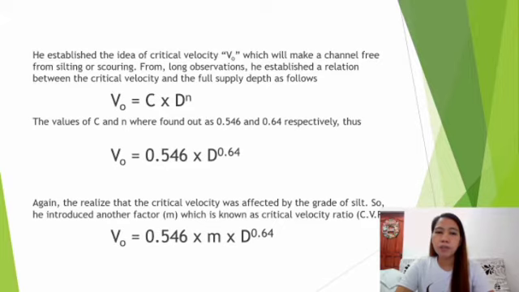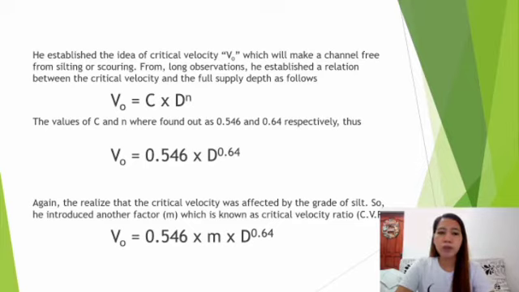Again, they realized that the critical velocity was affected by the grade of silt, so he introduced another factor m, which is known as the critical velocity ratio.